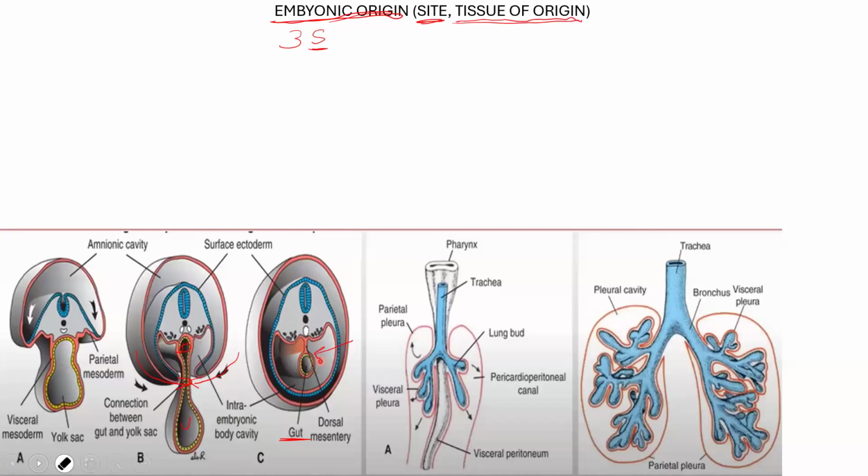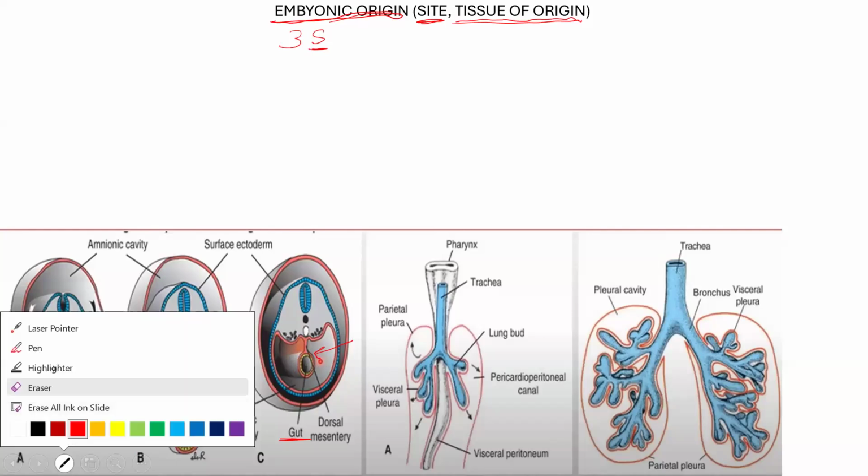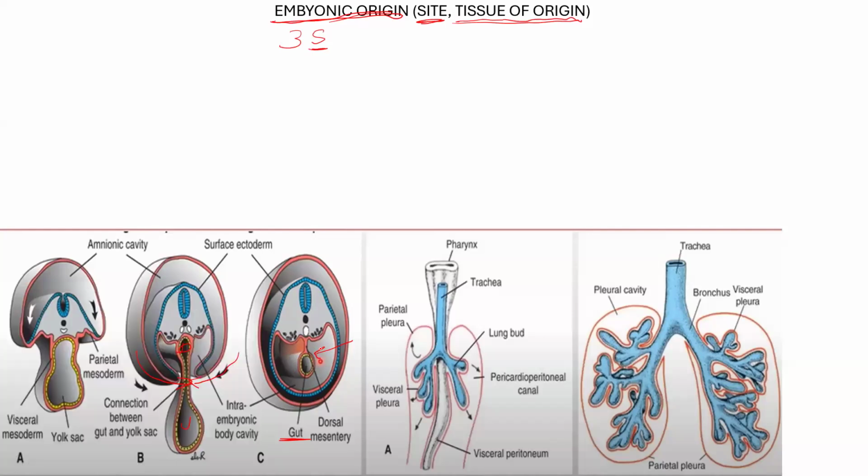This color, somehow red, but not red, I don't know what color that is, represents that the dorsal mesentery is part of the splanchnic mesoderm. Also, you can see that lining the gut wall itself, we have splanchnic mesoderm.